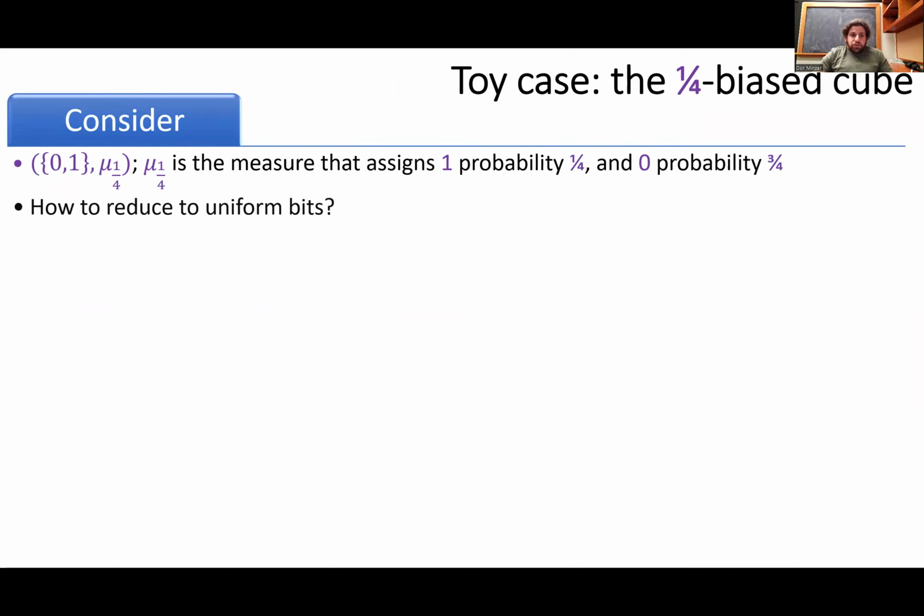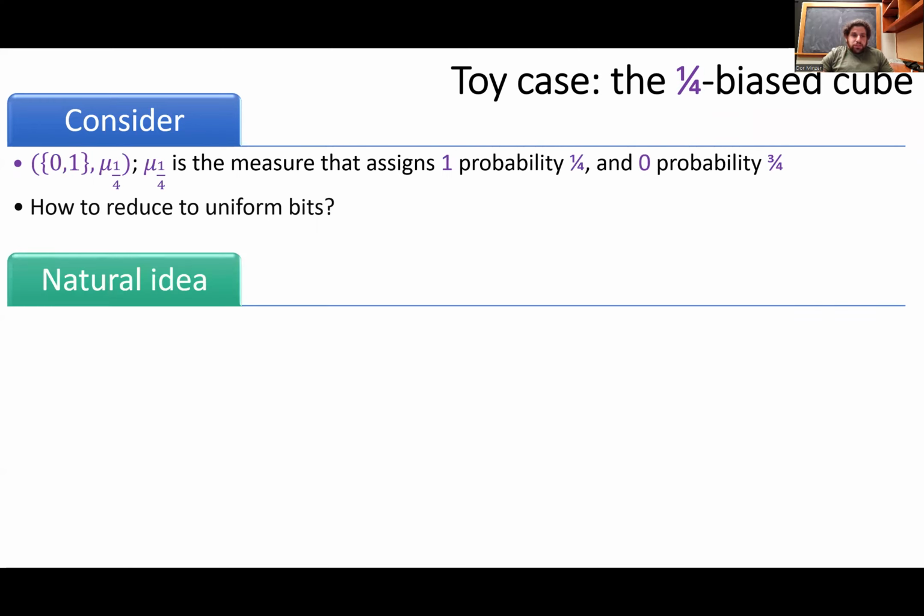So here again, we have 0, 1, but now we have a different measure on it. We have the measure mu quarter, which assigns 1 probability quarter and 0 probability three quarters. And what we want to do is we want to reduce testing monotonicity over such measures to that over uniform bits.